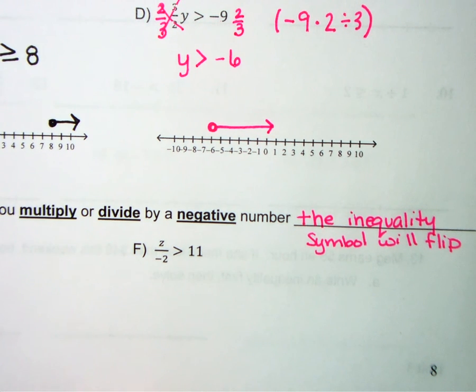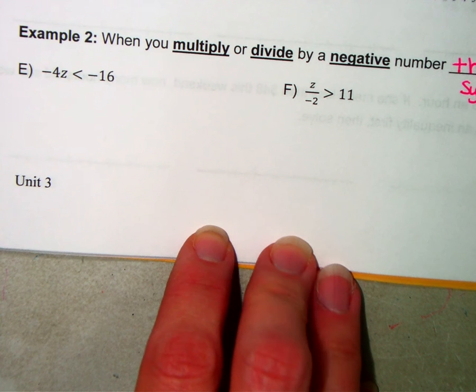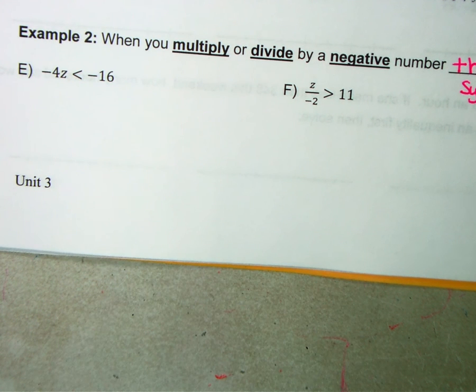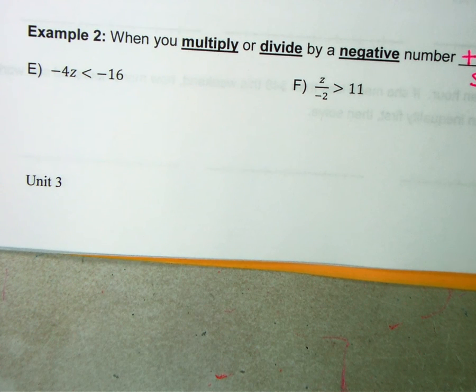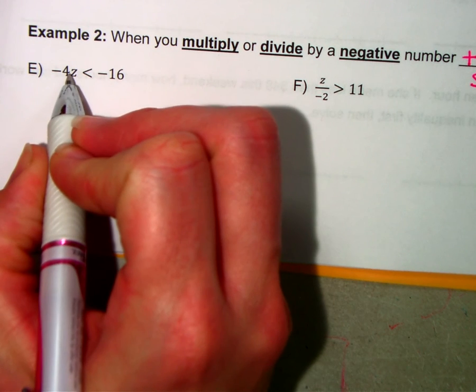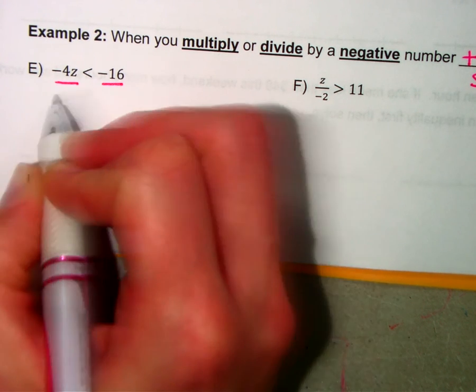Okay, so let's actually see some examples of when we would need to flip the symbol. Okay, the first one, example E, says negative 4z is less than negative 16. We should know that to get rid of the negative 4, I'm going to have to divide both sides by negative 4.